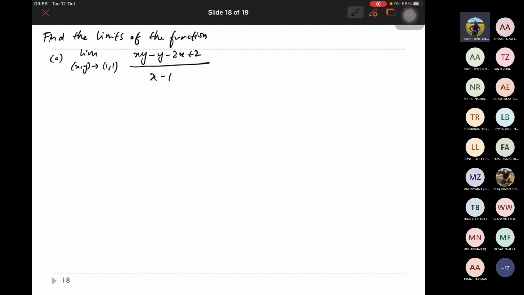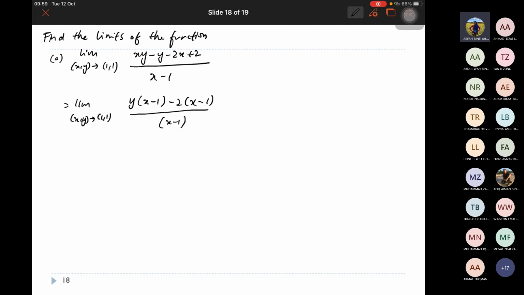So kita betulkan. Dia akan sama dengan the limit of x, y approaches 1, y. Faktorkan y, awak dapat x minus 1 tolak 2, tambah 2, tolak 2, x minus 1, divide by x minus 1.